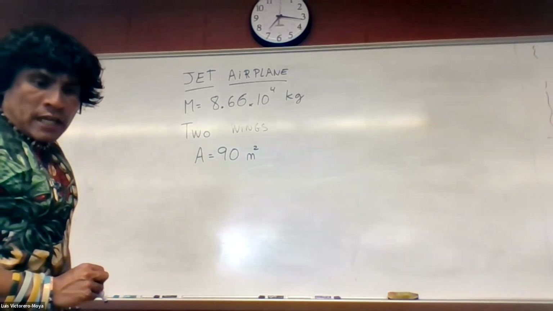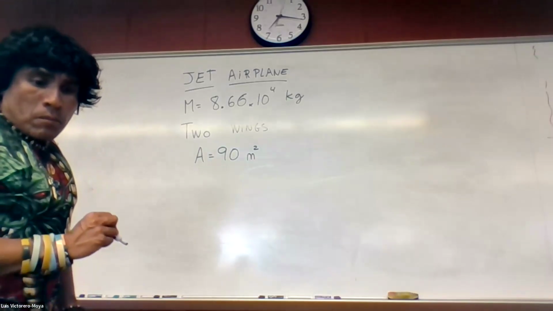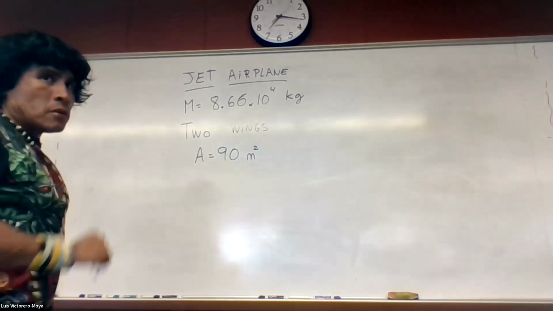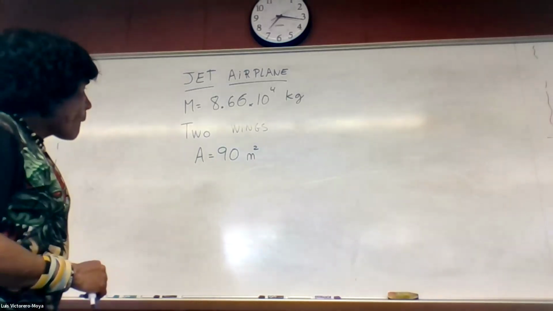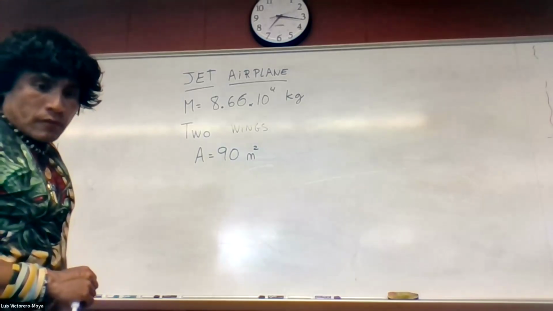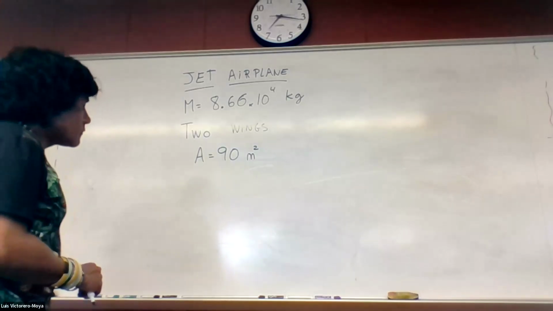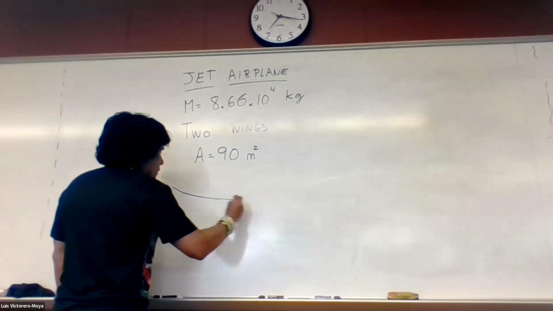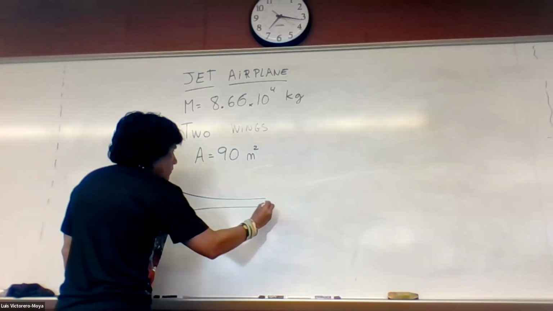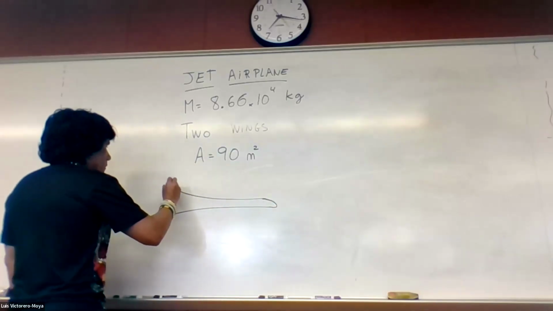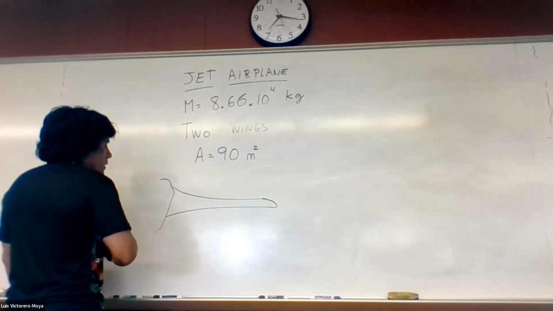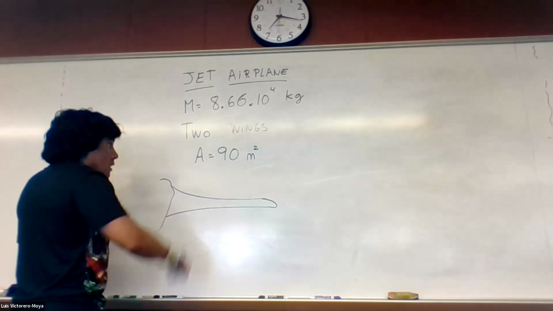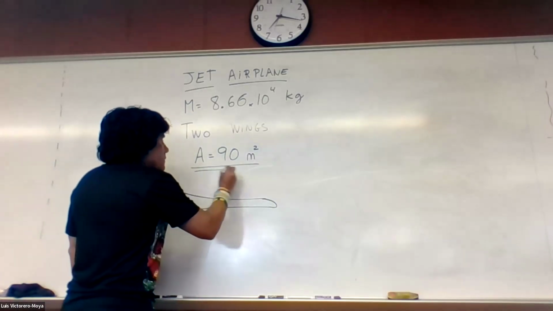You are going to find the pressure difference first between the top and the bottom of the wings. So if you think about it, you have the wings, the mass of the airplane goes down, or the weight, and you have the area of the two wings.